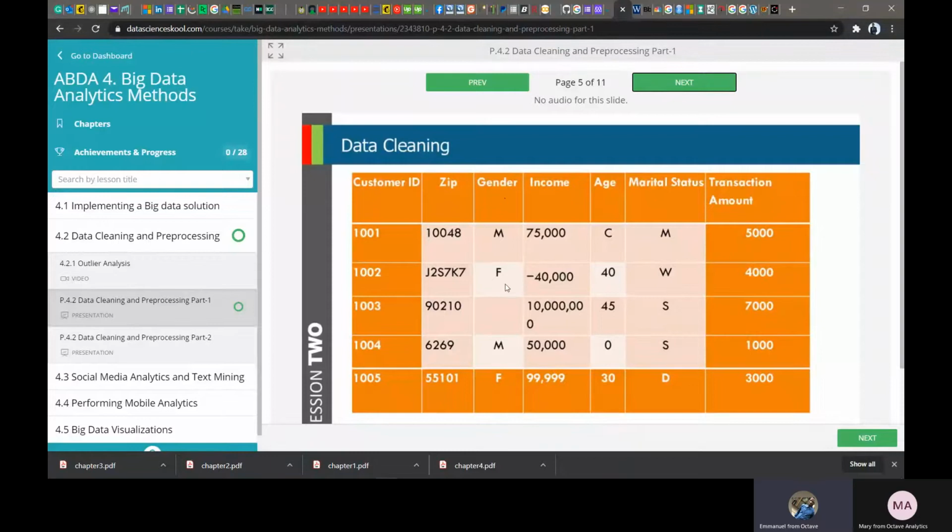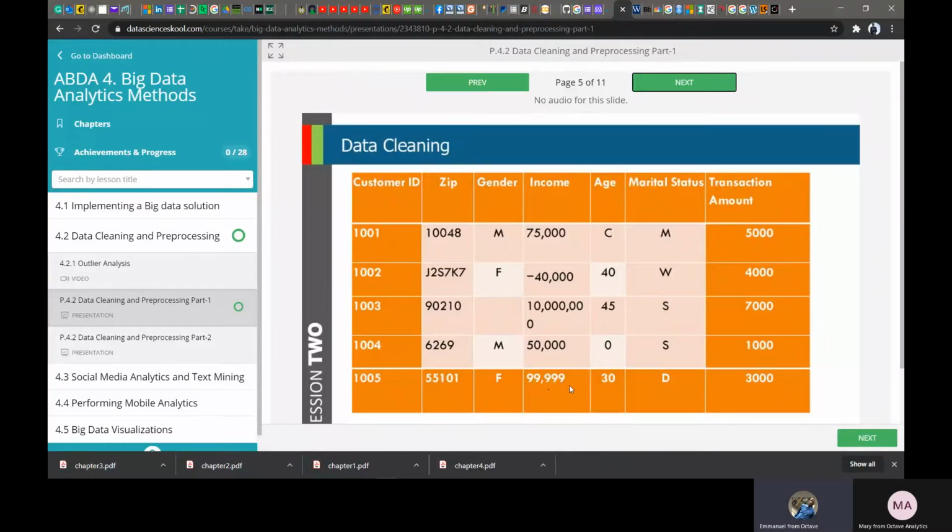Then you have the gender. You have M, which is male, F, which is female, and we have one where there's no gender. How do we identify this gender? And we have income here. If you look at this income column, we have one with a negative sign, which might be an error due to data entry.